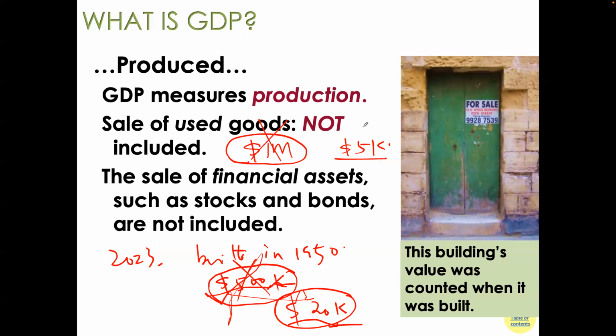But the 5,000 you pay to TD Ameritrade is included in GDP, because TD Ameritrade received 5,000 in return for providing a service that facilitates the transaction. Make sure you understand. Any questions?